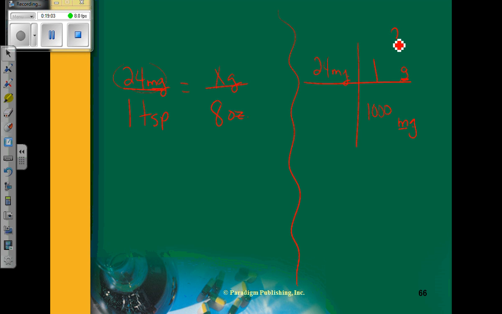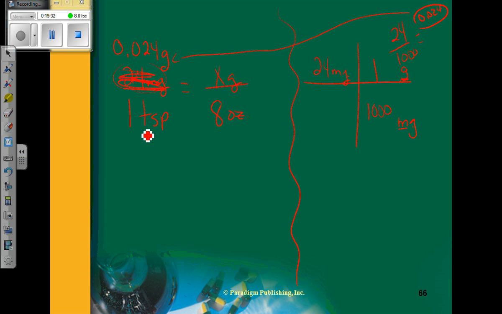So 24 times 1, divided by 1,000. Okay, and you should come up with 0.024. So that's what would go over here. So now our units on the top match, grams and grams.